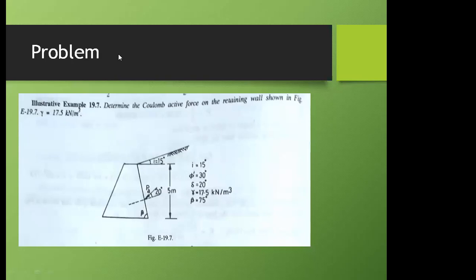What is the unit? Kilonewton per meter. Kilonewton pressure. Force you need to calculate, right. What should be the unit? Kilonewton.